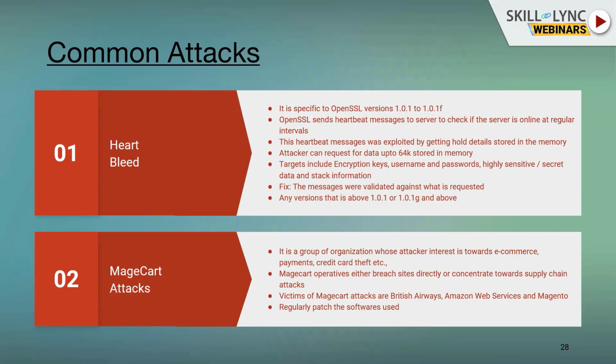So the server processed all that, and whatever was stored in the RAM was sent as a reply to the client and dumped on the client's machine, and the attacker could take control of whatever information was dumped from the server to the client machine.